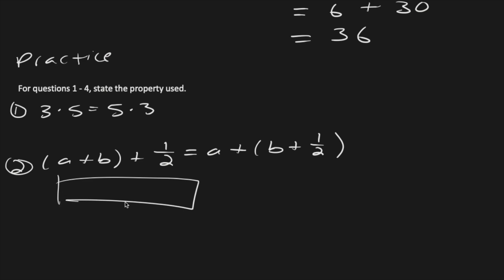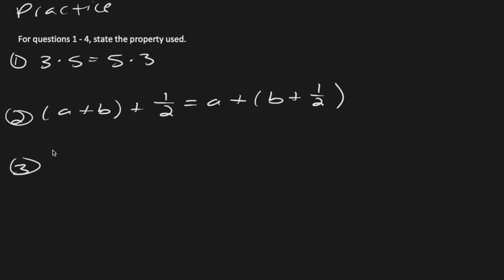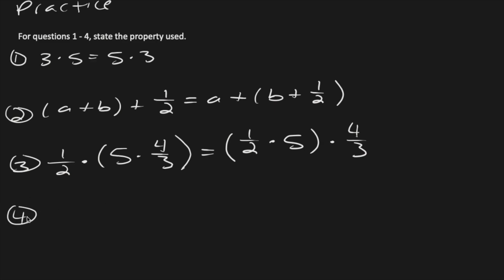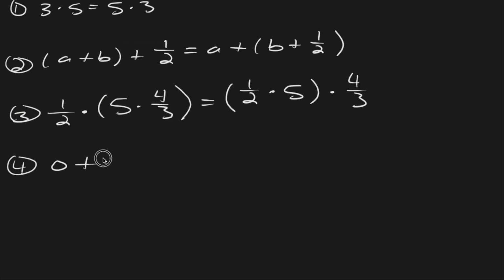What's the property used there? 3, 1 over 2 open parentheses 5 times 4/3 equals open parentheses 1/2 times 5 close parentheses times 4/3. 4, 0 plus 5 is equal to 5 plus 0.